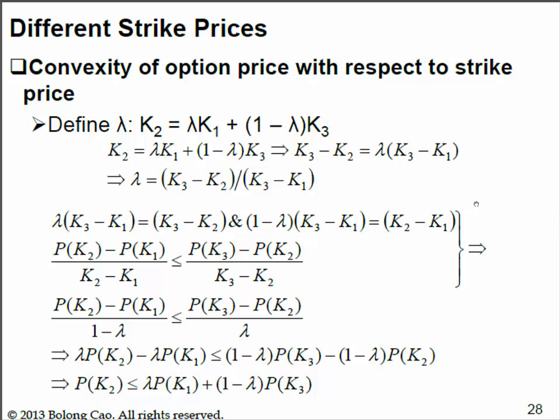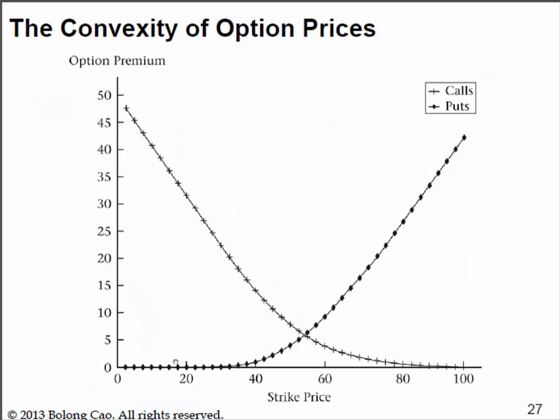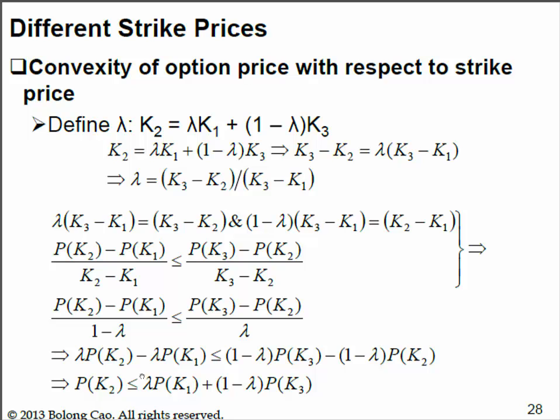If you look at our picture, if I link up a straight line, that will be a weighted average of two put premiums. The actual put premium for strike prices in between these 2 points will fall below that straight line. That's what this last inequality is telling us. That's the standard definition for convexity.